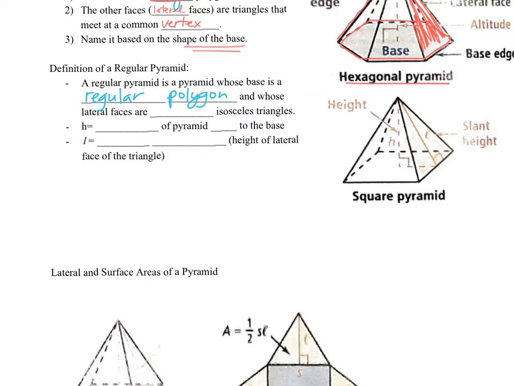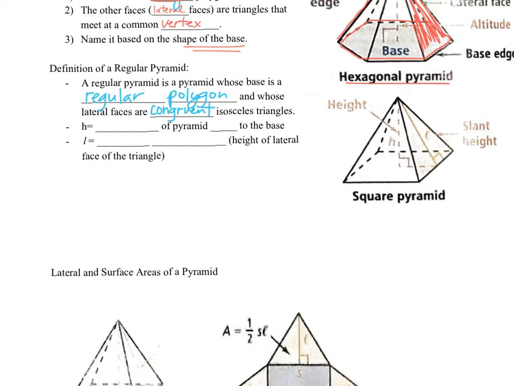A regular pyramid is a pyramid whose base is a regular polygon and whose lateral faces are congruent isosceles triangles. So all the triangles that wrap around are exactly the same, which is why it's so convenient to have a regular polygon base, because everything around it ends up being congruent triangles.